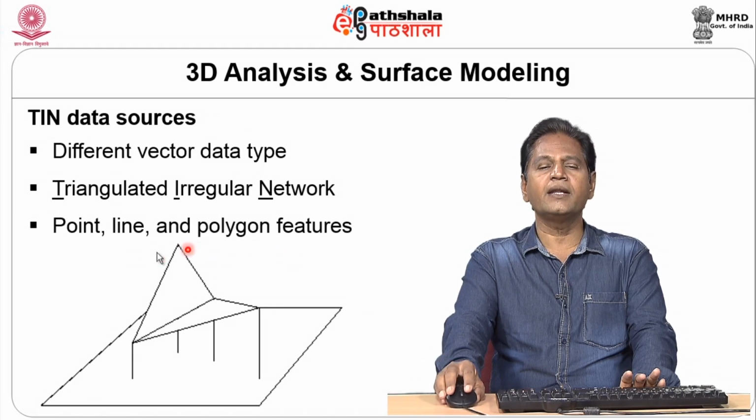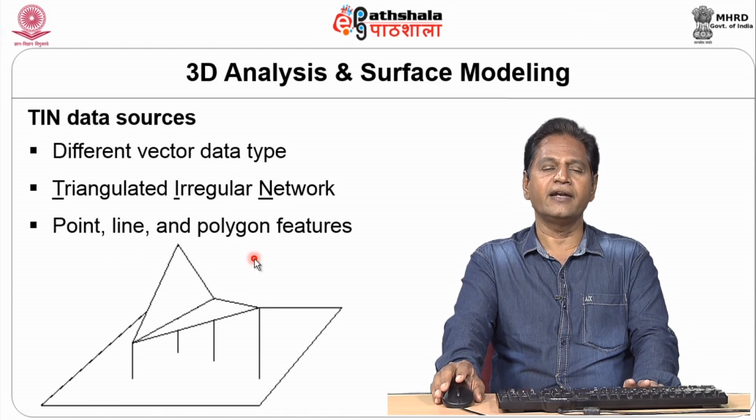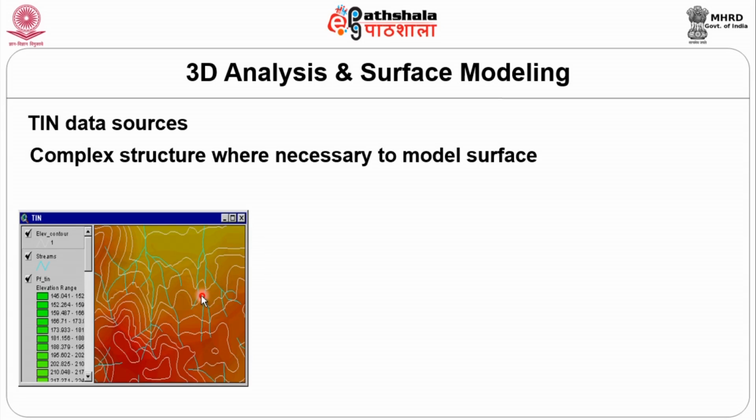You can use either point data, line data or polygon features, anything could be an input into your TIN data source, where you want to create complex structures so that you will be in a position to model a surface. One of them you can see here, in which you find the entire area.